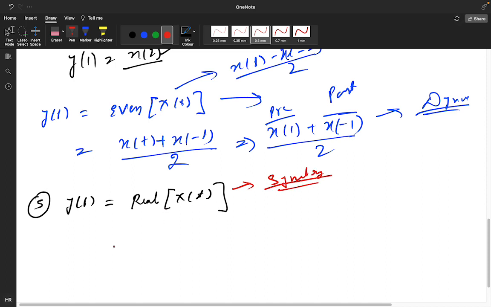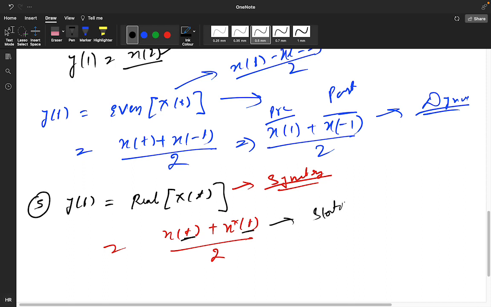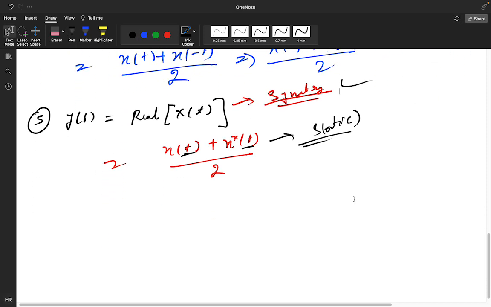And what is the formula of symmetricity? x of t plus x conjugate of t divided by 2. And for a real signal, x conjugate of t is x of t only. So this always depends on our present value. So this will be static. We discussed these things. If you are forgetting, just go and revise your previous lectures.